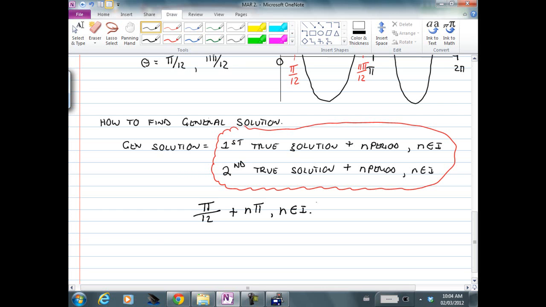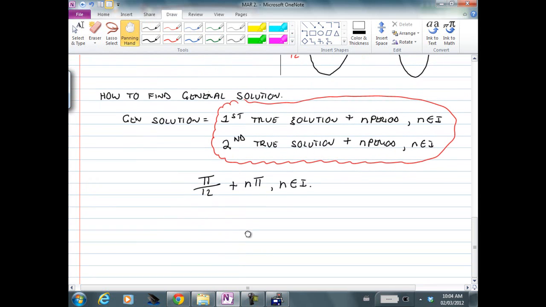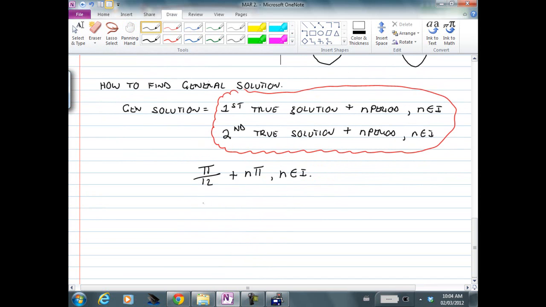It can't be decimals. I also have another answer, because you have two answers, pi by 12 and 11 pi by 12. So we do the exact same thing for 11 pi by 12: 11 pi by 12 plus n pi, n an element of the integers.